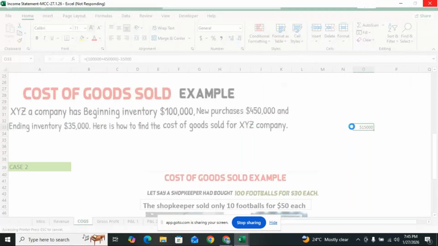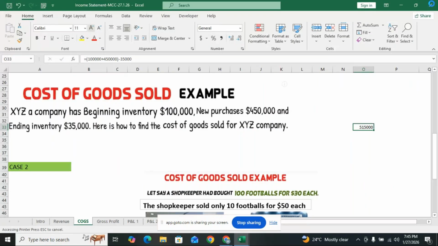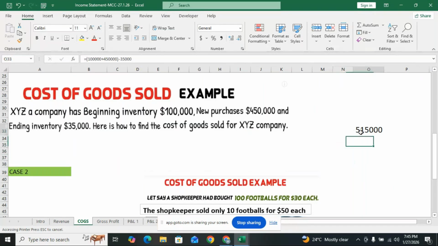One second. Yes, right? So you're able to get this answer, 5 lakh 15,000.